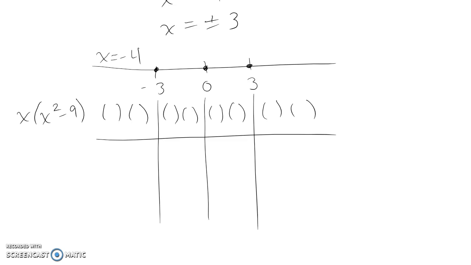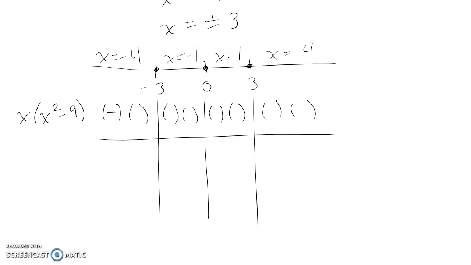How about negative 4? How about something between negative 3 and 0? We can do negative 1, then x is 1, and then maybe x is 4. These values don't need to be very close to the values where the function equals 0 because we're not looking at what happens really close to that. We're looking at what happens in an entire region, so it's enough to pick any number in that region of the real numbers.